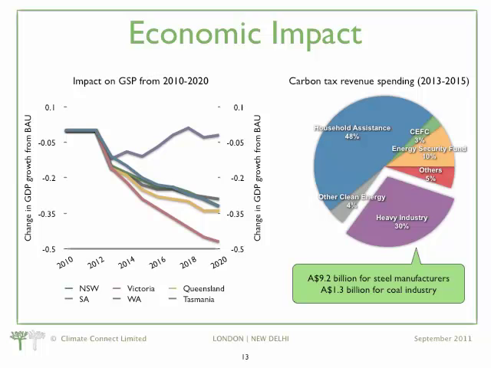In addition to the substantial financial assistance to households, the government will also use the carbon revenues to compensate the industrial sector. The steel manufacturing sector will be provided with an assistance of $9.2 billion in the form of free emission permits, while the coal industry will be given $1.3 billion to secure jobs.